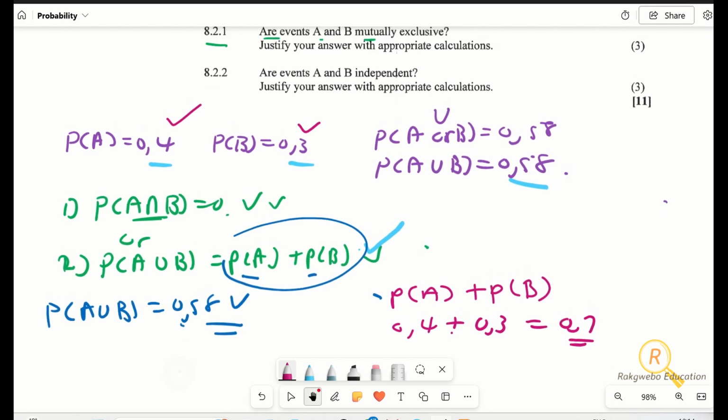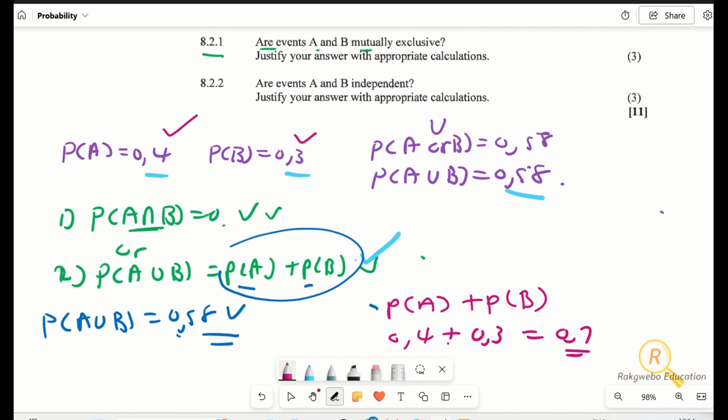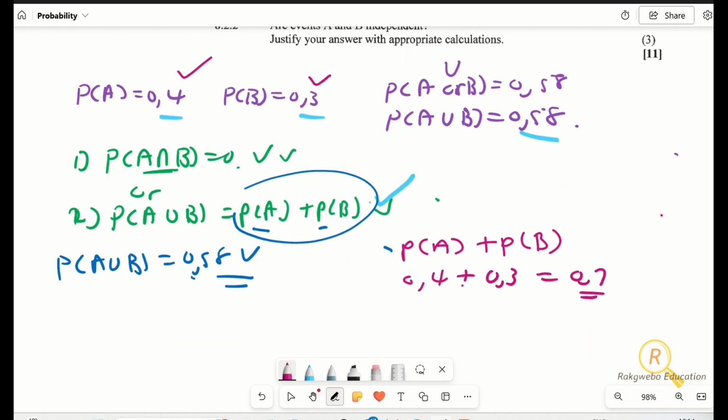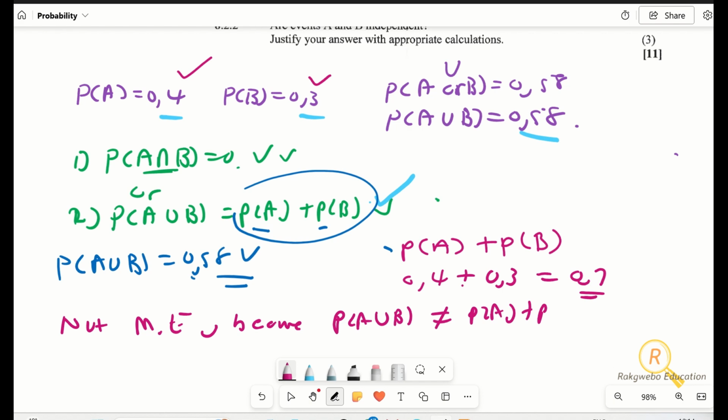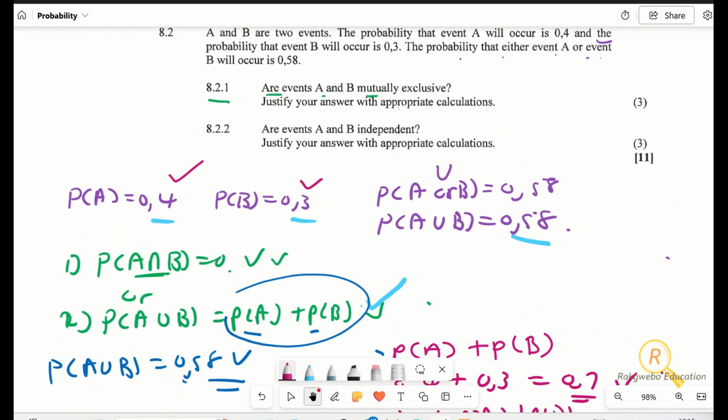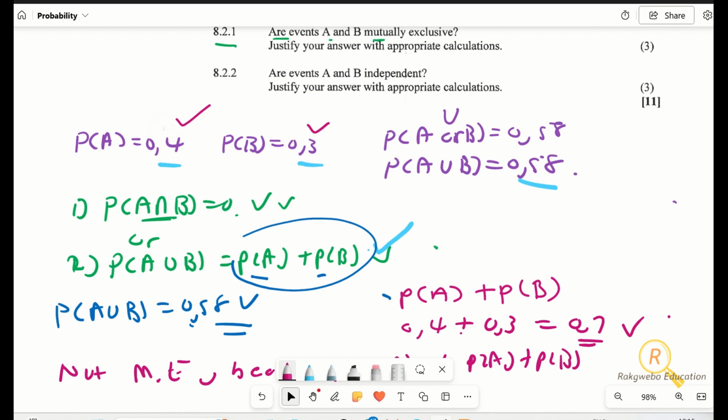So the two events A and B are not mutually exclusive because the probability of A or B is not equal to the probability of A plus the probability of B. So the two events are not mutually exclusive. Easy peasy lemon squeezy. Okay, so that's about that.